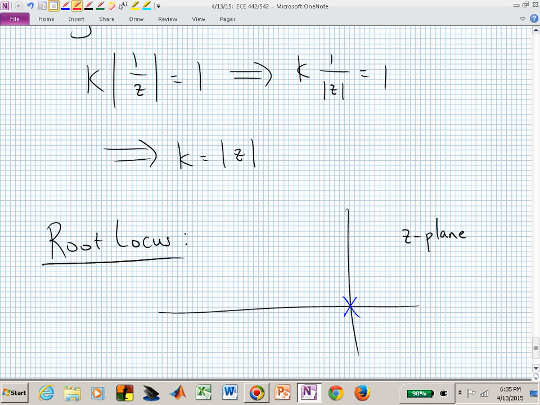How many real axis line segments are now in play in this pole zero pattern? How many real axis line segments do we have? We have 2. How many are on the root locus? 0, 1, or 2?